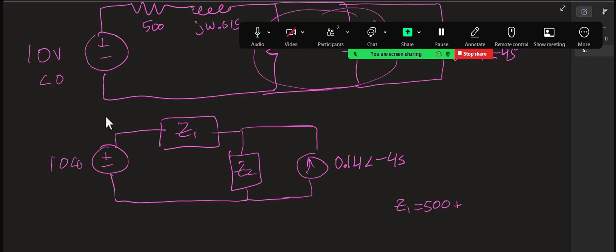So that turns out to be, if I add these together, 500 plus j500, which is 707.1 angle 45 degrees.